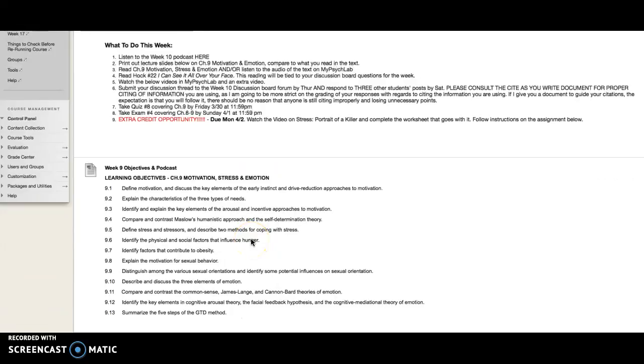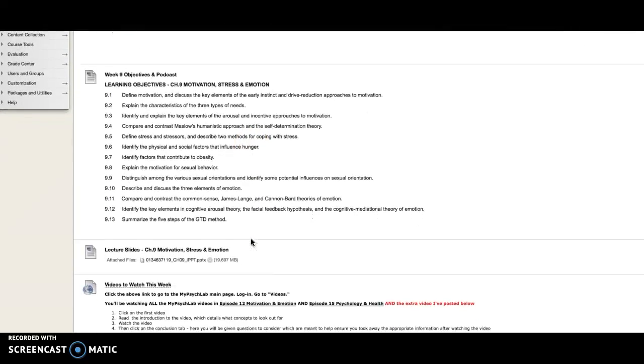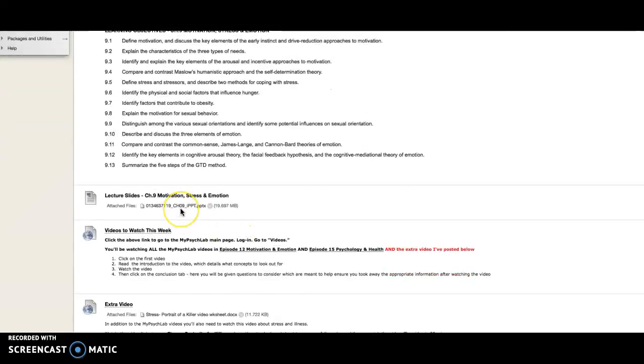Here are your learning objectives for the chapter, as well as your PowerPoint slides. Some people have asked me about the PowerPoint slides. If you play the PowerPoint slides in presenter view, so you go into presenter mode, as you're flipping through the slides, you'll actually be able to click on the videos that are included in the slides, which aren't always the same as the videos that you watch when you go into My Psych Lab.